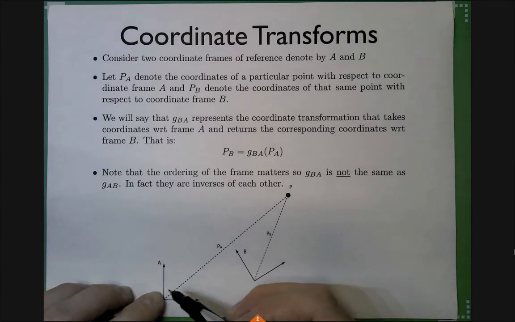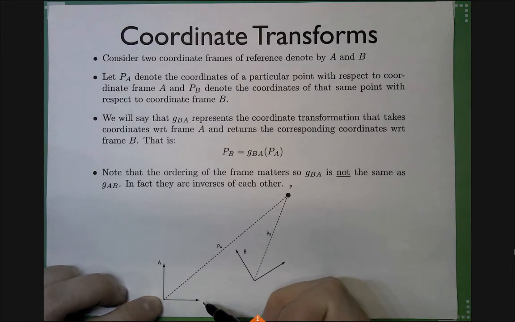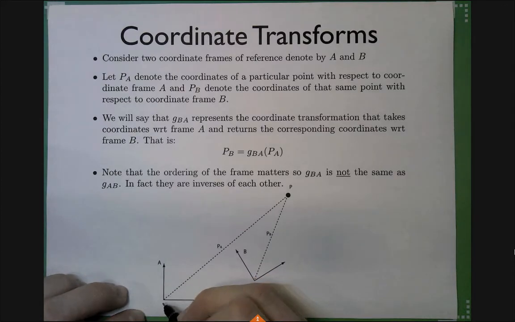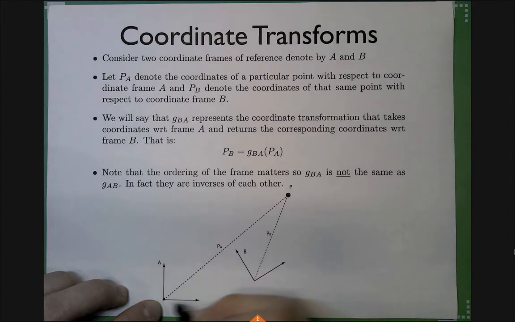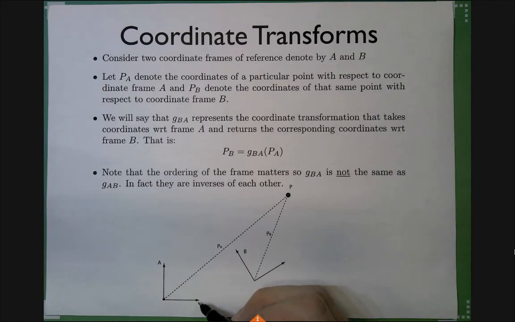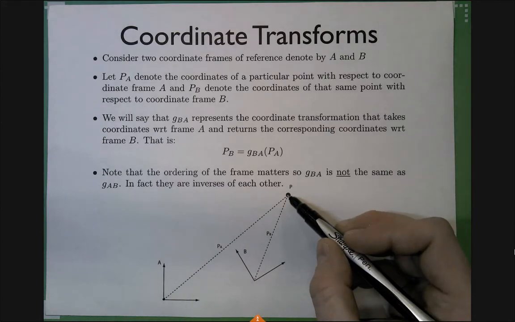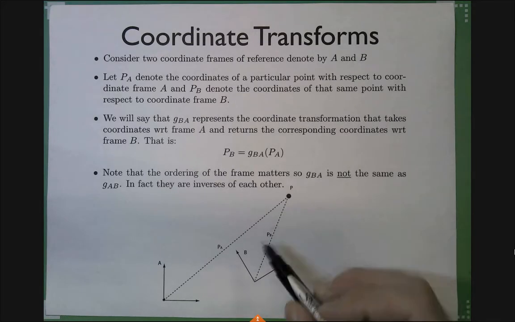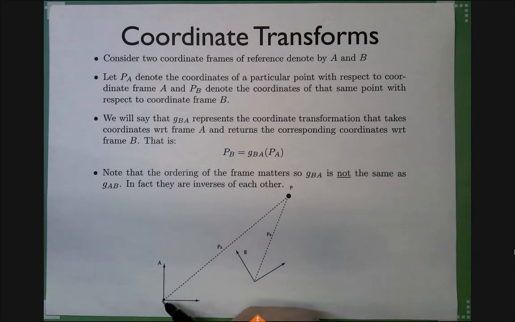So if I have one coordinate frame called A, which has some origin here and a set of basis vectors, in 2D it would be just two. You could say that this is the x vector of the coordinate frame, and this would be the y vector. If I am given a point P, it has some coordinates with respect to the coordinate frame A.